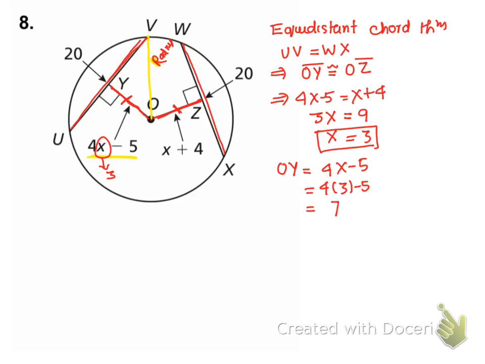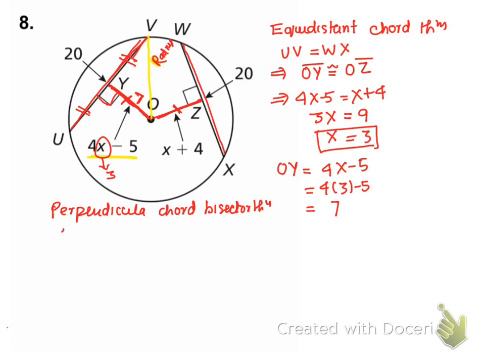I got OY is 7, but that's not my final answer. So I know that this thing is 7, and also I know this is perpendicular to this chord. This is perpendicular, so this is going to bisect this one. So this whole UV, again we are going to use the perpendicular chord bisector theorem, where I can say that OY is perpendicular to UV, so it's going to be bisected.